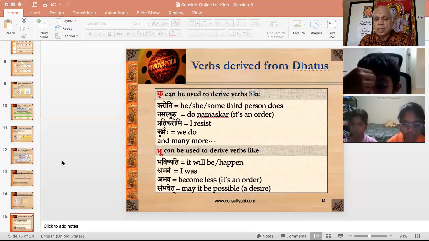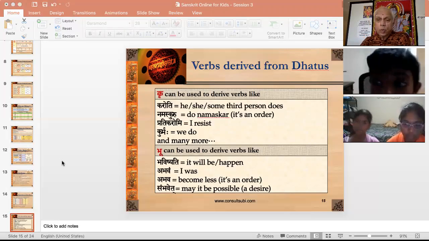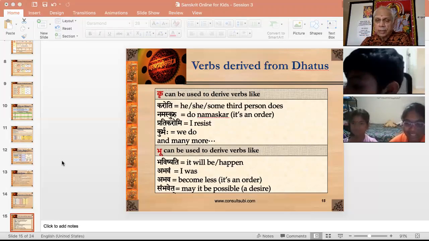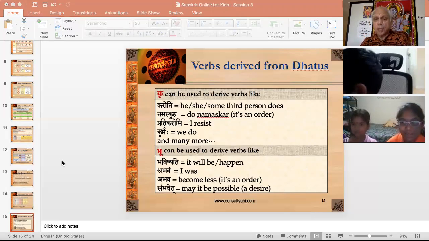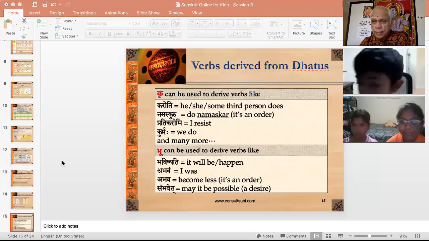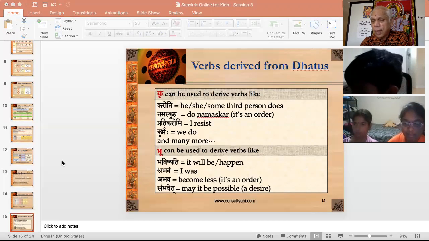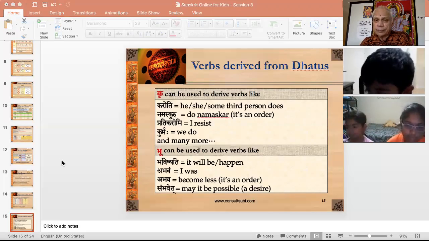So bhavishyati is what is going to happen. So bhavishyam is a forecast. Like you have a weather forecast. Today there is going to be rain. And today there is going to be a thunderstorm. You watch the news, right? They give you a forecast. What will happen? That is called bhavishyam. What is going to happen?